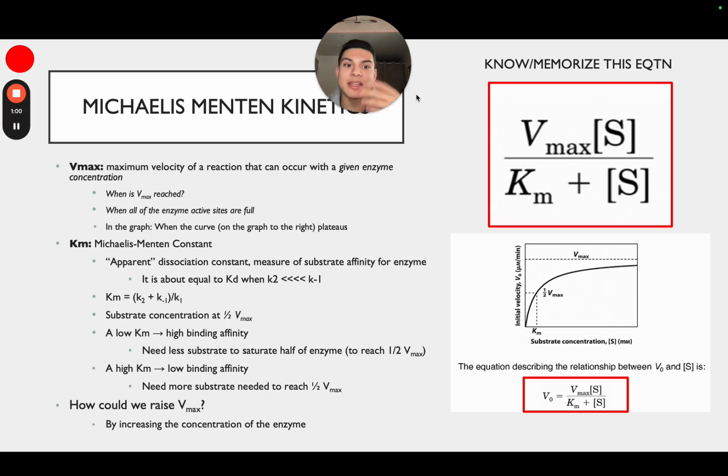What V0 means is that, let's say we have that flask again of 1,000 enzymes, right?